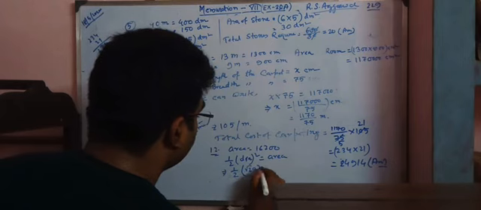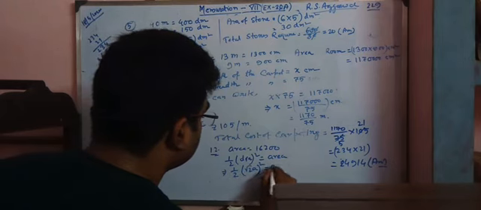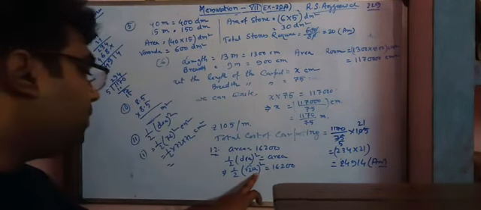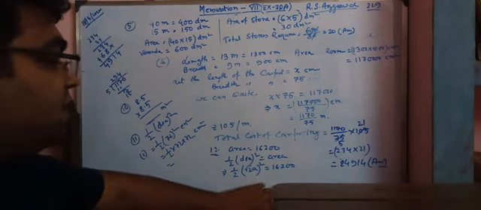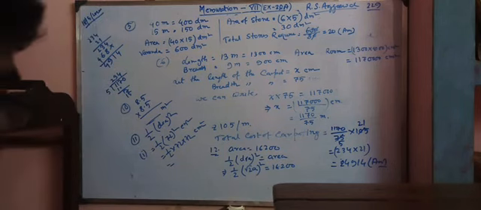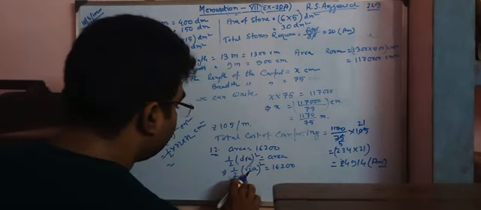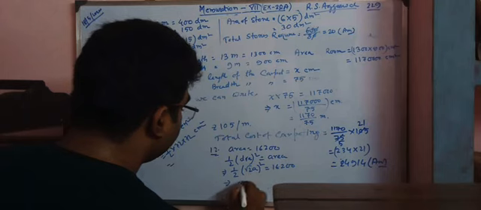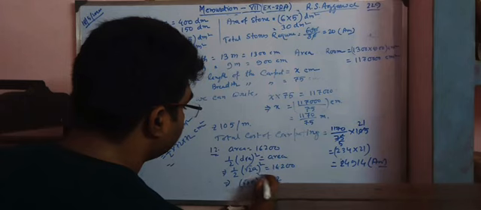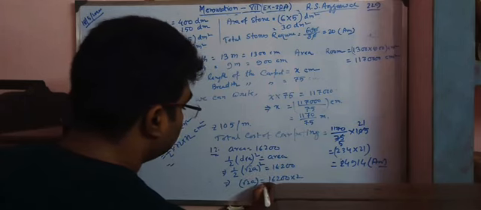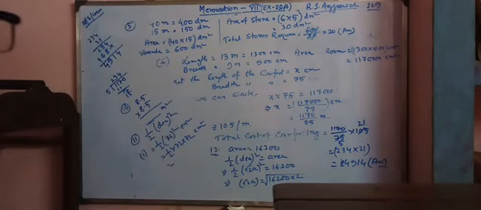If we take the side as a, then the diagonal is root 2a, and root 2a is equal to the square root of 16200 into 2. So this is root 2a.